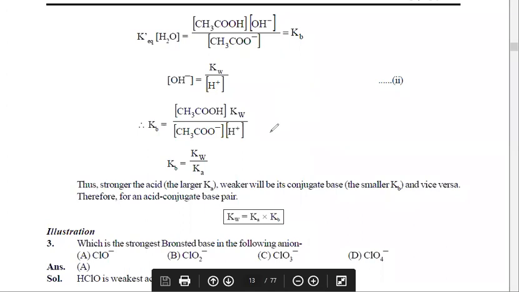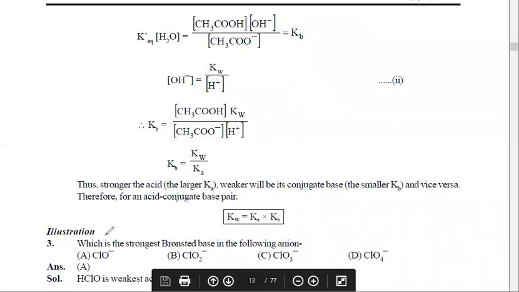So for a conjugate acid base pair, Kw is equal to Ka into Kb. This is only possible for a conjugate acid base pair. This is what we have to keep in our mind.